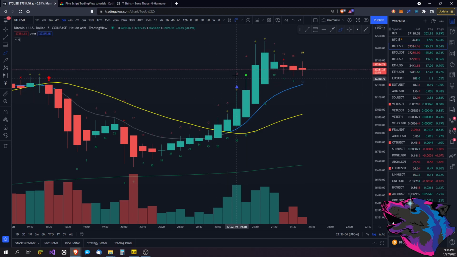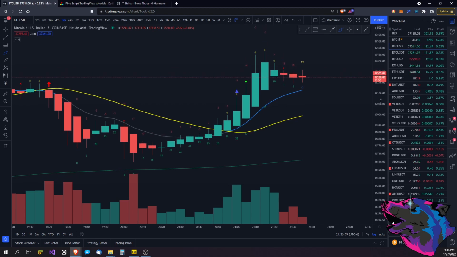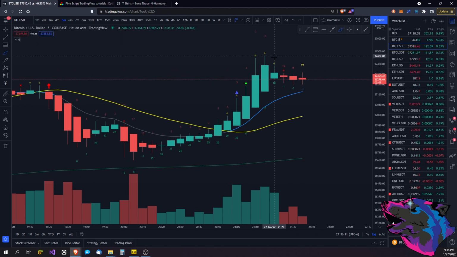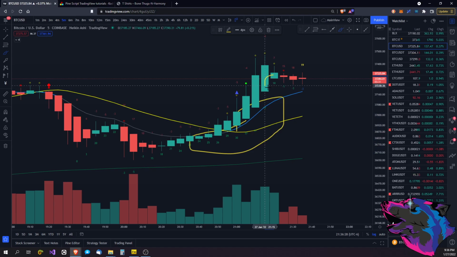Meanwhile, we're going from -5, -5, -4, -3, -2, 7, 15. So as the trend is getting closer to reversing, you'll notice the numbers up here, the bearish numbers, are getting larger. And you'll notice the bullish numbers are getting smaller.